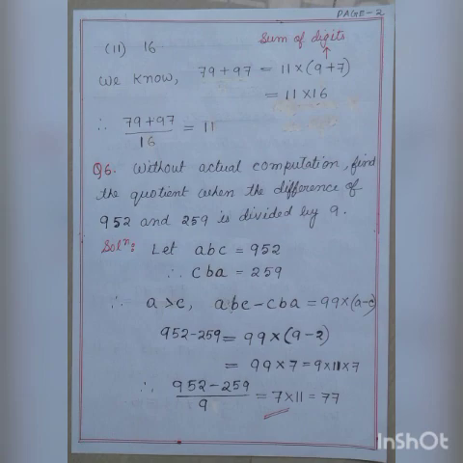So I can write 952 minus 259 divided by 9 is equal to 7 into 11, which is equal to 77.